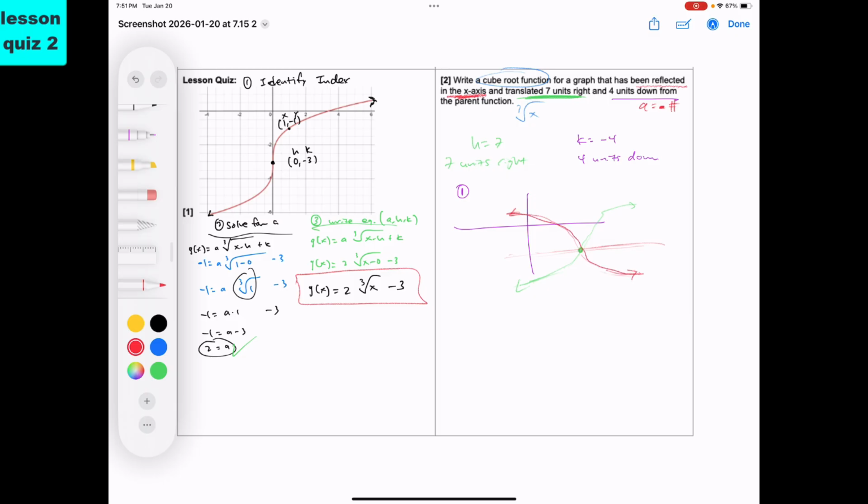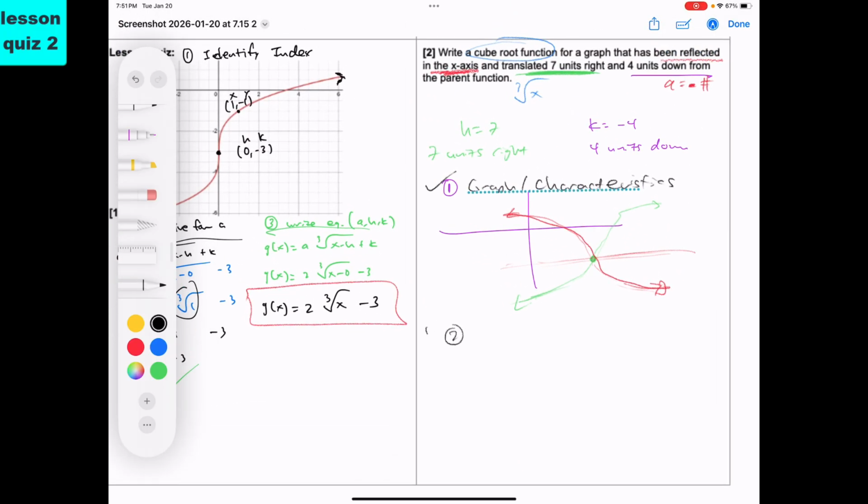Okay, so it's going to look something like this. So then we already have solving for a. So graph to characteristics. Characteristics, okay, that's already done. Solving for a is done. So now all we have to do is just write the equation.